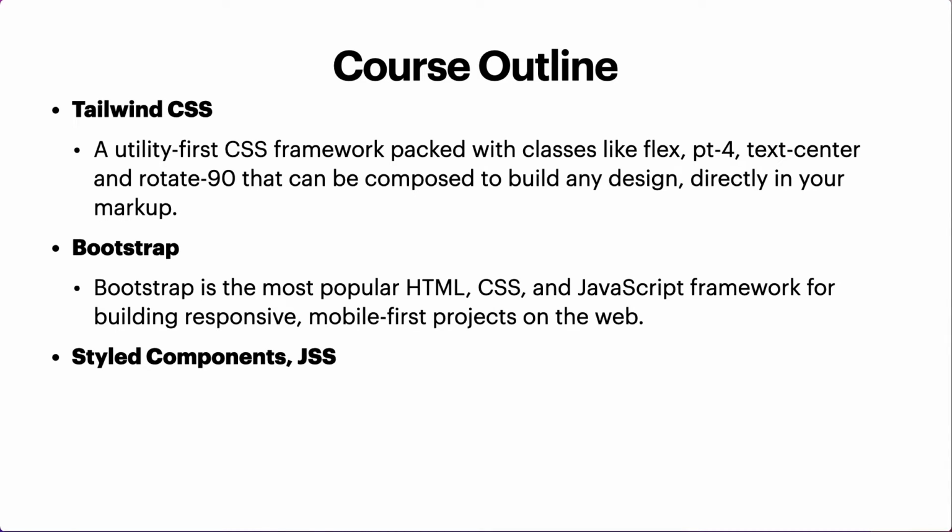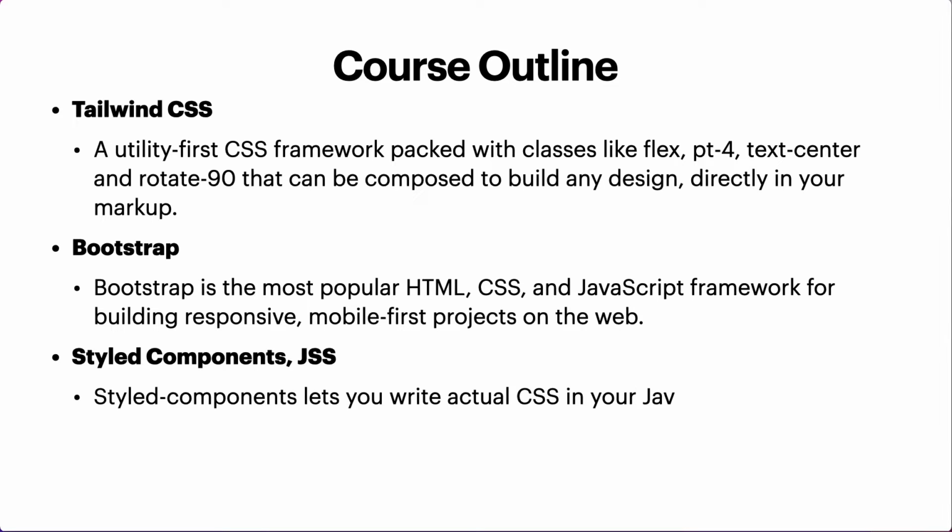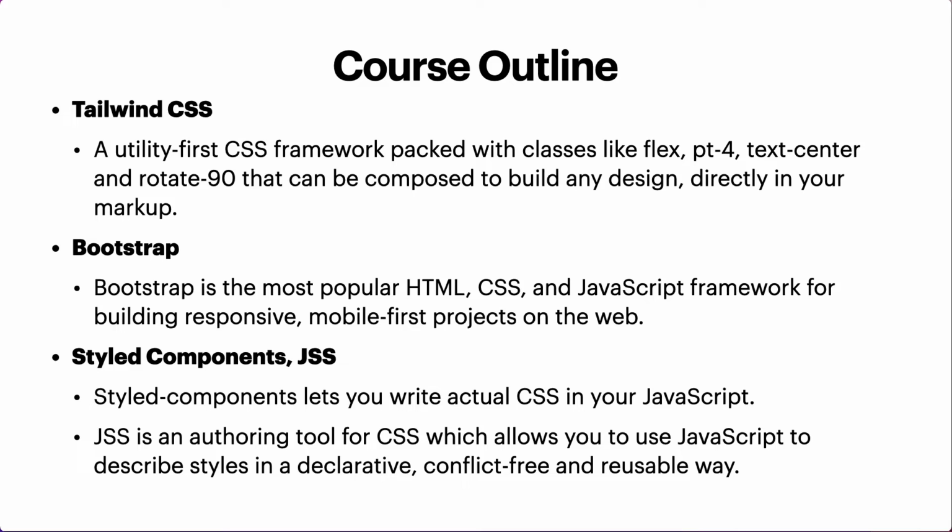Then we'll be talking about styled components and JSS. Styled components lets you write actual CSS in your JavaScript. And JSS is an authoring tool for CSS, which allows you to use JavaScript to describe styles in a declarative, conflict-free and reusable way. So both of them are basically used with front-end JavaScript frameworks like React.